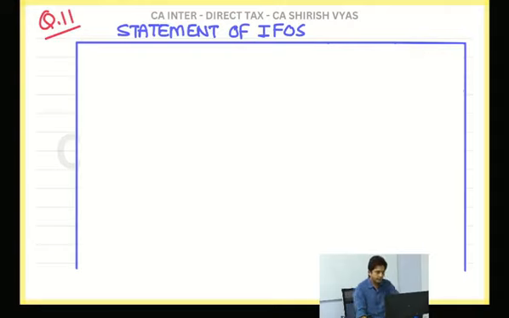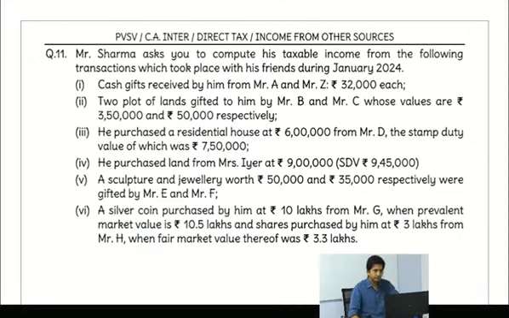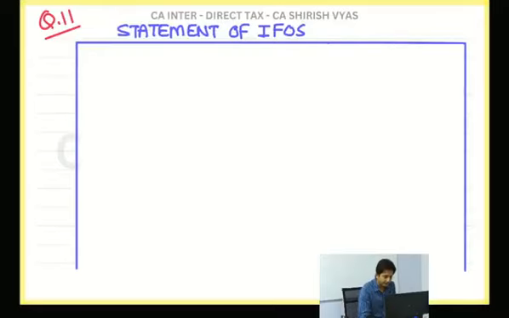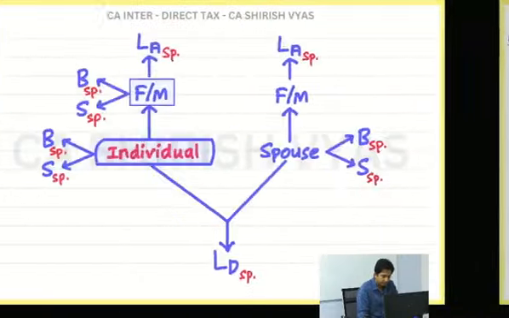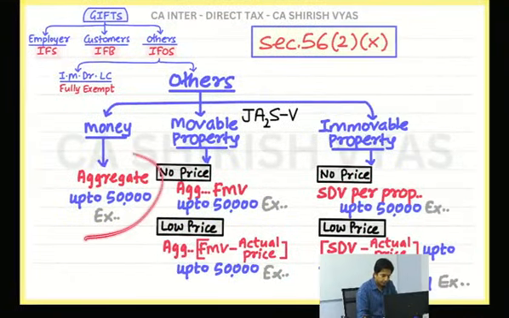Ready with the statement? Now wait, you have to be a little careful in this sum. In the first question, the one I took before, it was simple; we were just reading and writing straightforwardly. But here you have to be careful. Why? There is a concept of aggregation. In money gifts, you have to aggregate.